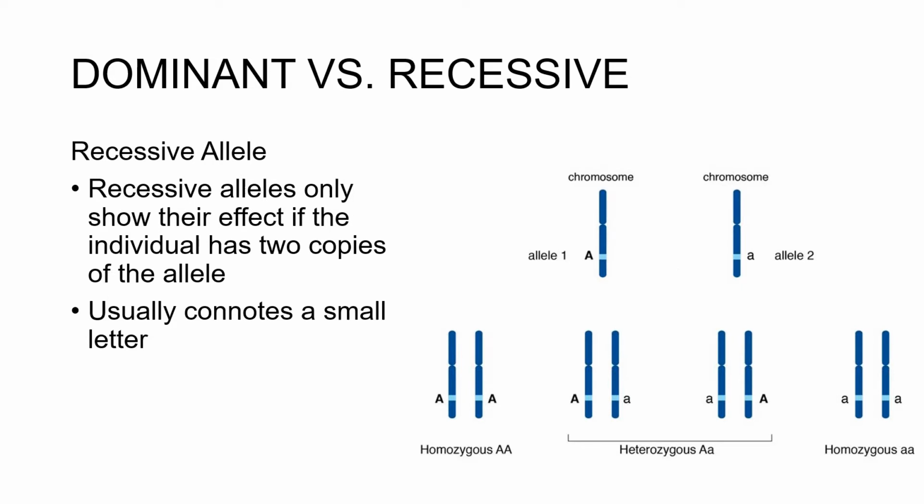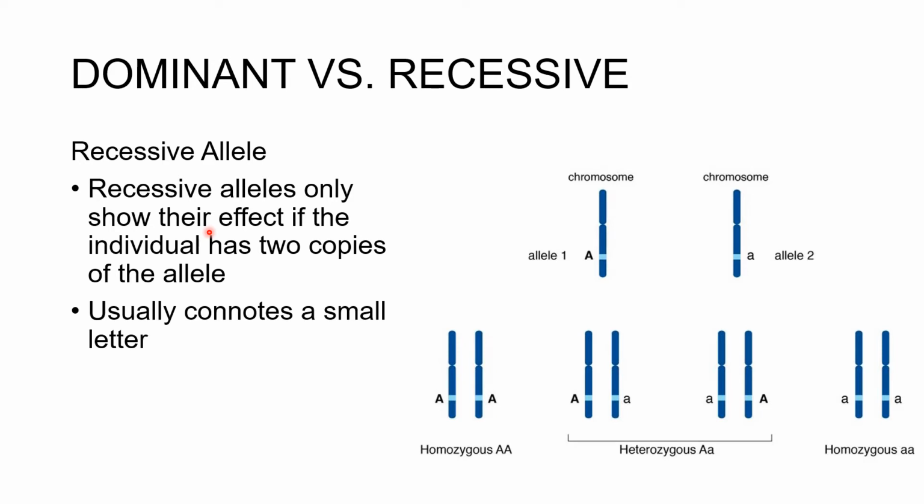Then for the recessive alleles, they only show their effect if the individual has two copies of that allele. So, makikita mo lang yung effect ng recessive allele if dalawa sila, or if magkaparehong recessive yung allele doon sa gene.